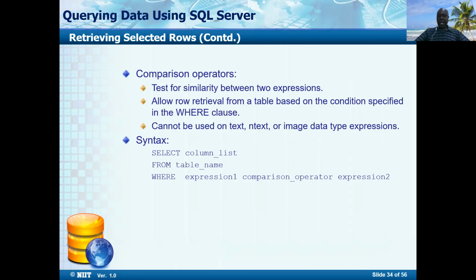Comparison operators are used to test the similarity between two expressions, or to see whether those two items are equal or less. One is less than the other, or one is greater than the other. Okay, and there are a number of operators which are used, which I want to just quickly explain now.